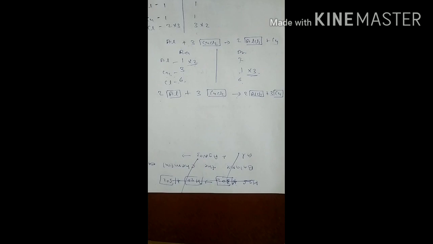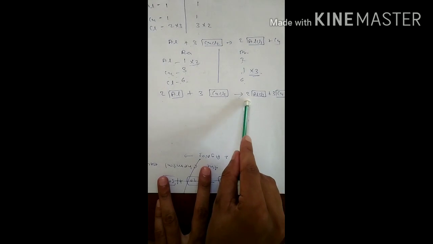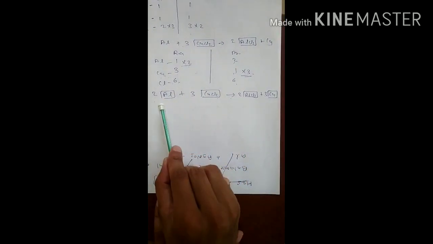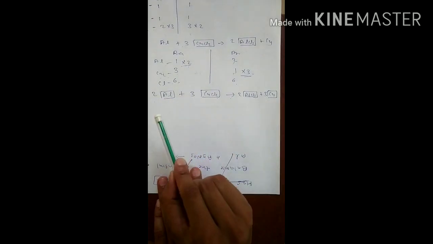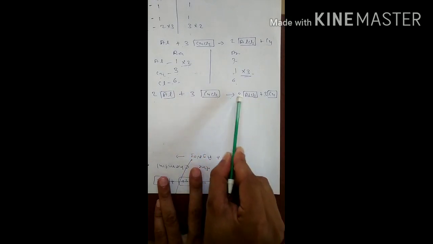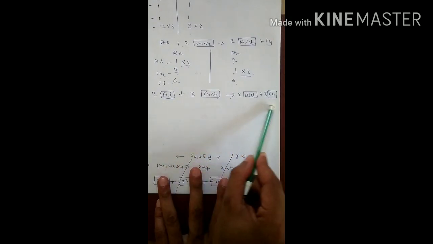Now you can see the number of atoms. For aluminium it is 2, here for aluminium it is 2, so aluminium is balanced. Now copper 3 Cu, 3 Cu, so it is also balanced. Chlorine 3 2s are 6, 2 3s are 6, so it is also balanced. So this is your balanced equation.